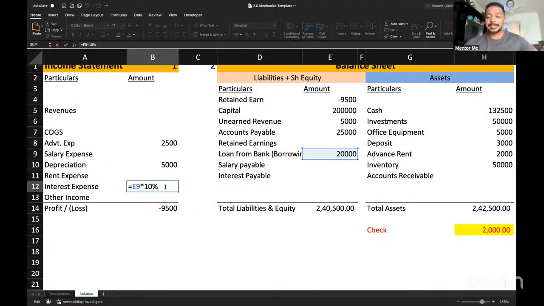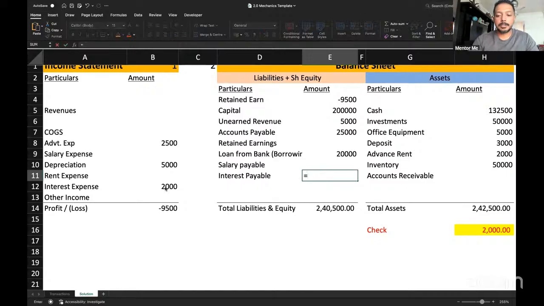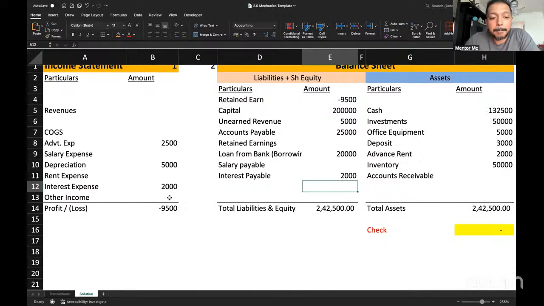Since it is written already that it is payable, accounts payable, interest payable, salary payable, all of this means that we have not really paid cash and we'll pay later. So all we'll do is just put that 2,000 out here and the balance sheet will tally. Right? So see how this transaction affected.